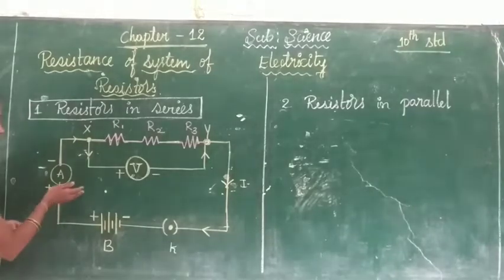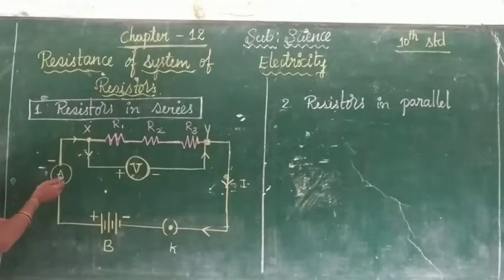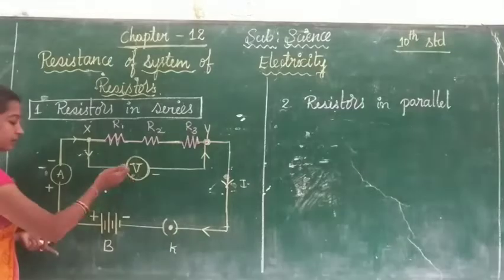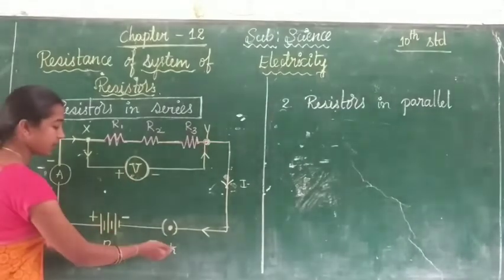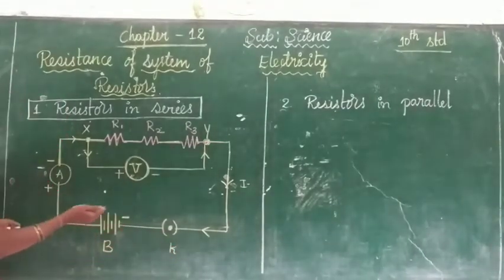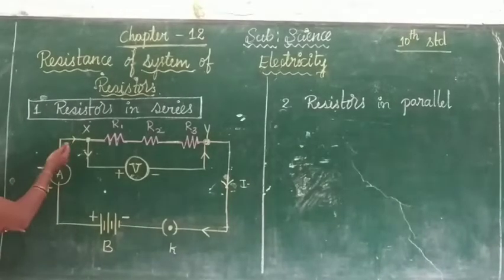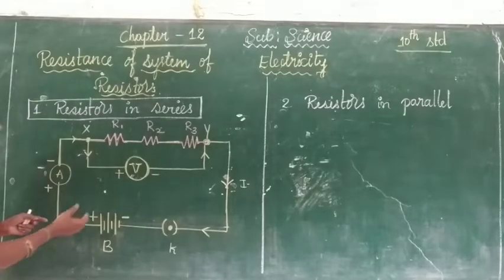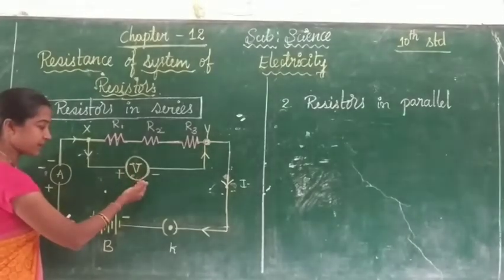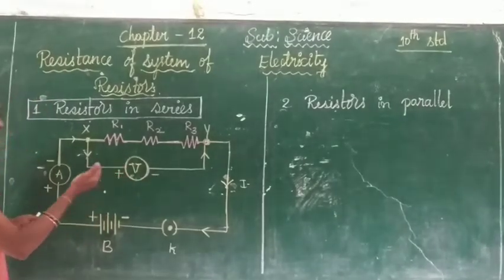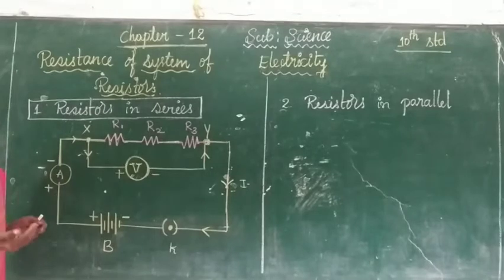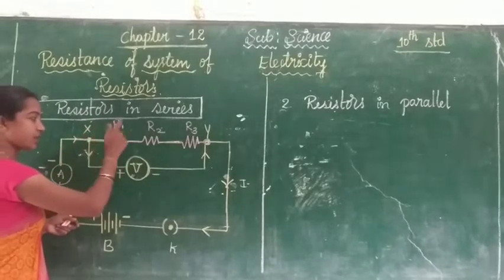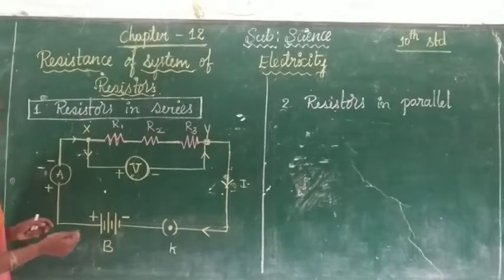The simple circuit has an ammeter, voltmeter, battery, and plug key. We know that the ammeter is an instrument used to measure the electric current flowing in the conductor, and this V represents the voltmeter. The voltmeter is an instrument used to measure the potential difference across the ends of the conductor.